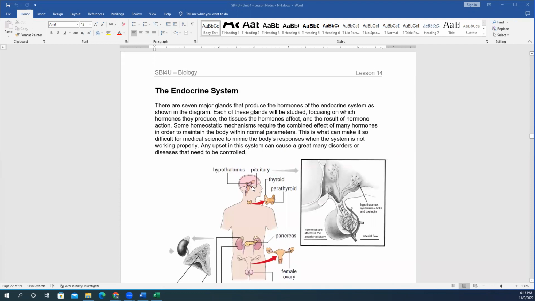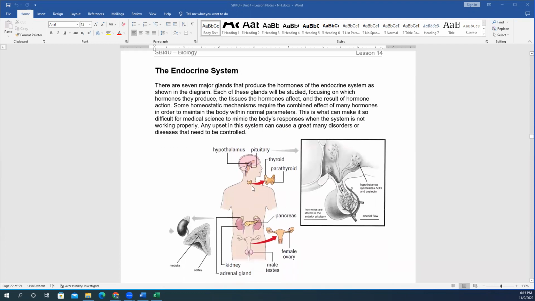These glands we will take a look at and focus on the hormones that they produce and the tissues that these hormones will ultimately affect, and what will be the result of this hormonal action.